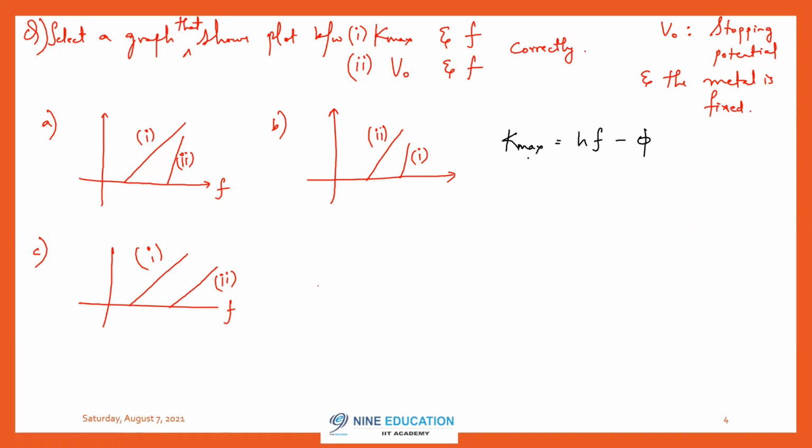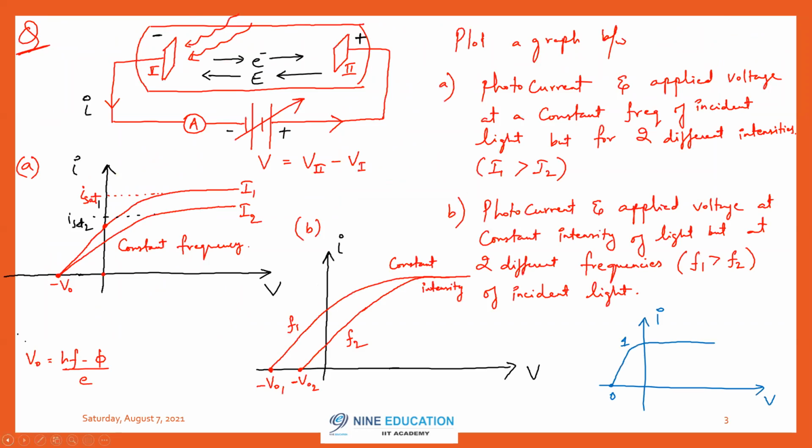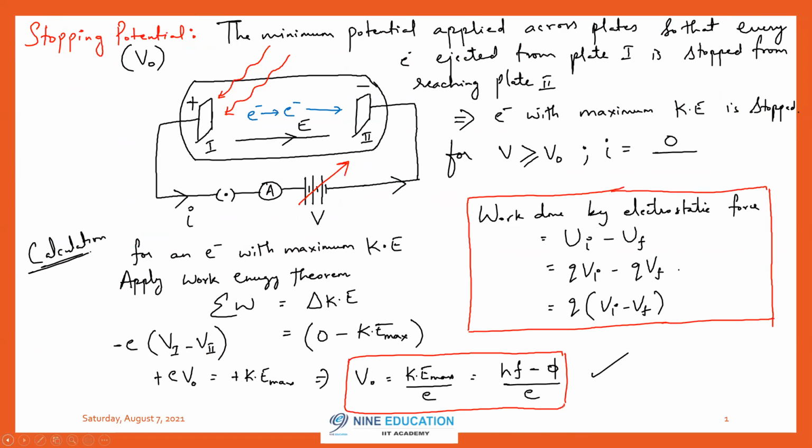So this can be compared with y is equal to mx plus c, where x is frequency, m is slope, and c is this work function. One more equation: how to write Kmax in terms of stopping potential? See here.